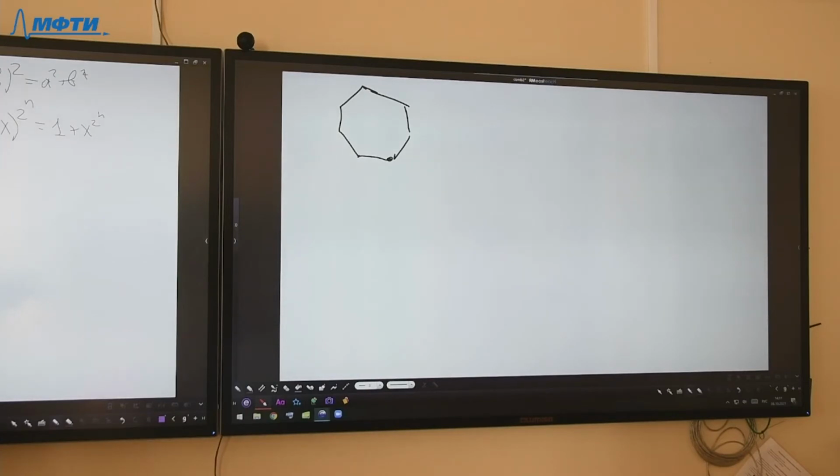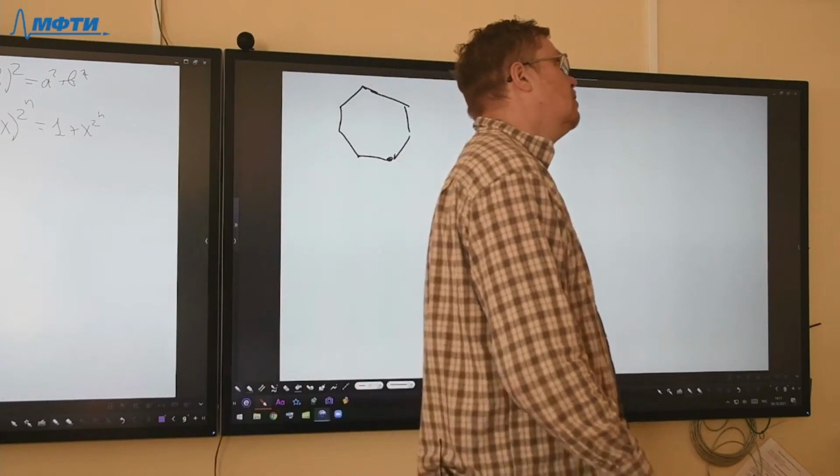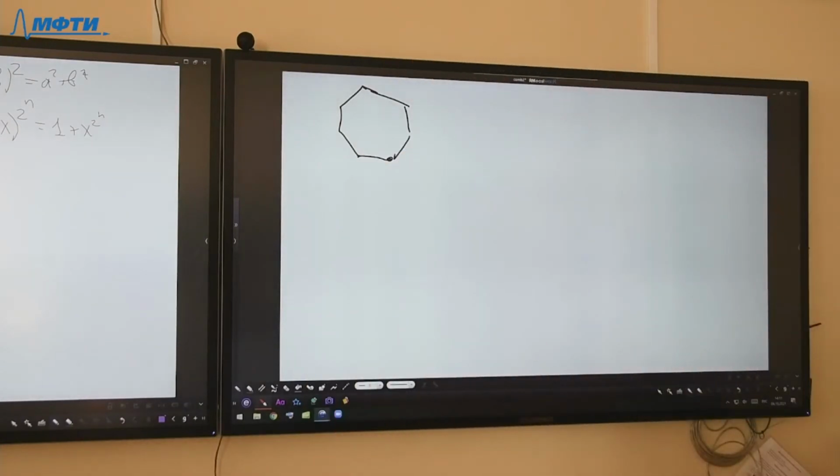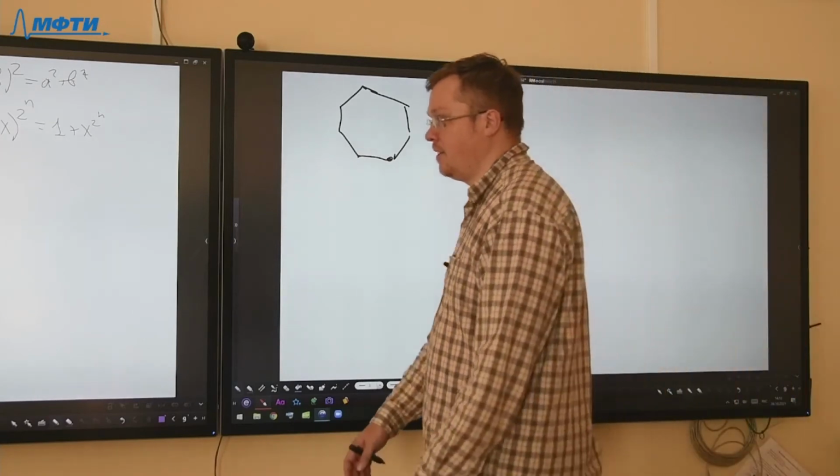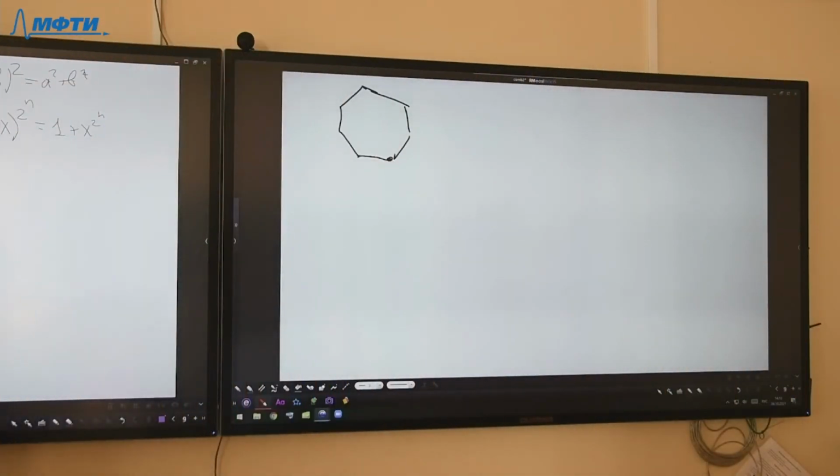So I need to divide my polygon into two smaller polygons and calculate the number of triangulations of the smaller polygons.